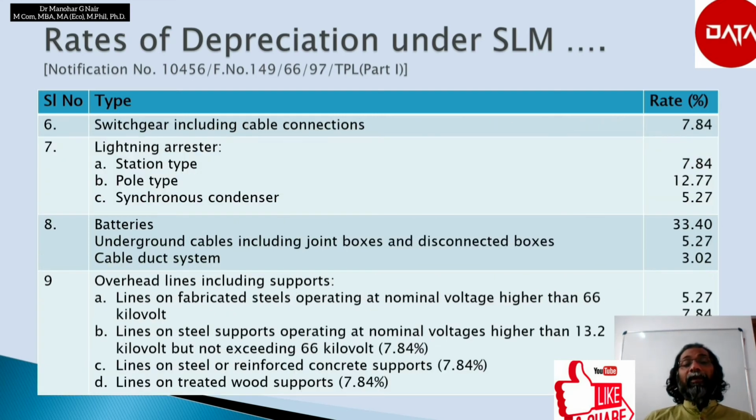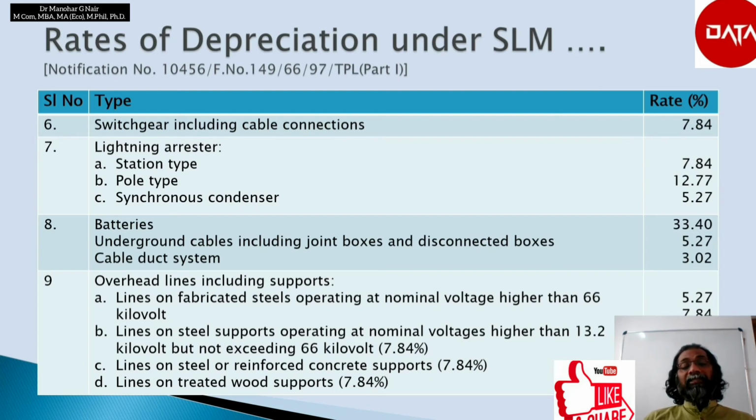Switchgear including cable connections 7.84, lightning arrestor station type 7.84, pole type 12.77, synchronous condensers 5.27, batteries 33.40, underground cables including joint box and disconnected box 5.27, cable duct system 3.02, and overhead lines including supports, lines on fabricated steel operating at a nominal voltage higher than 66 kilovolt, it is 5.27.